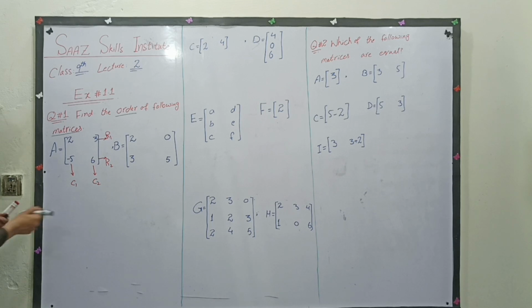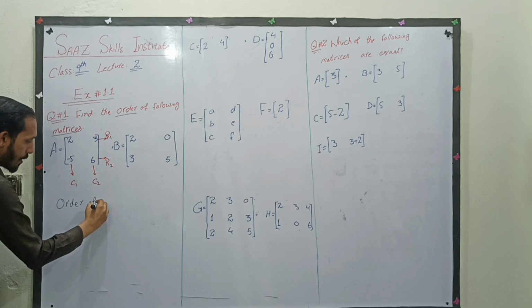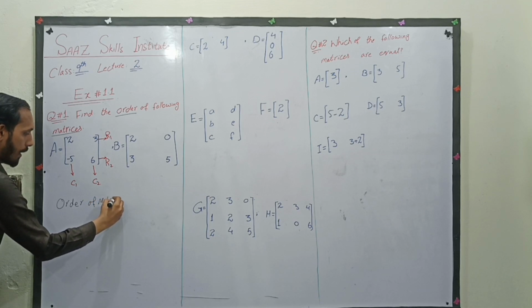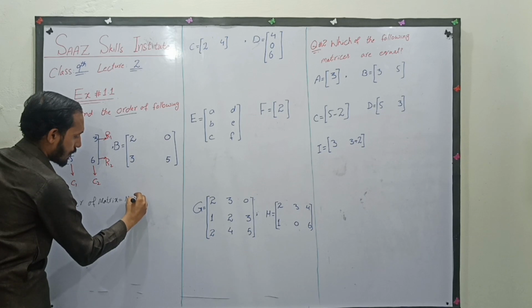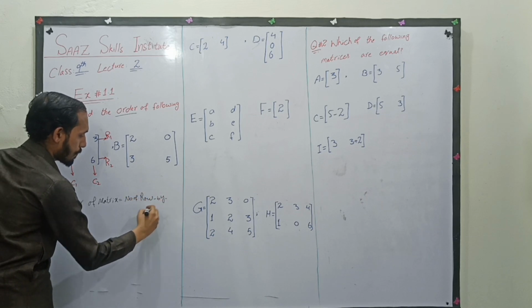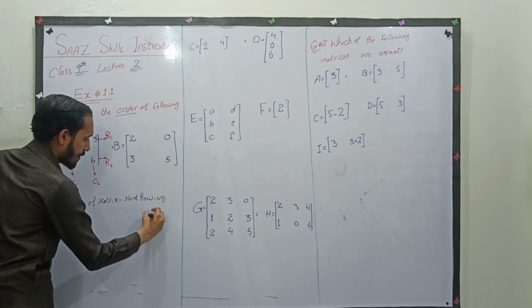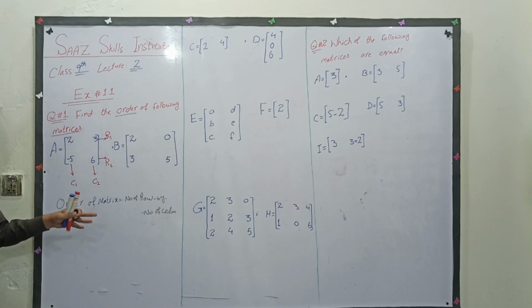So the order of any matrix is equal to number of rows by number of columns. नंबर ऑफ रोज और नंबर ऑफ कॉलम्स जो हैं वो किसी भी दिए गए मैट्रिक्स का ऑर्डर यानी मर्तबा फाइंड आउट करने में हमारी हेल्प करते हैं.